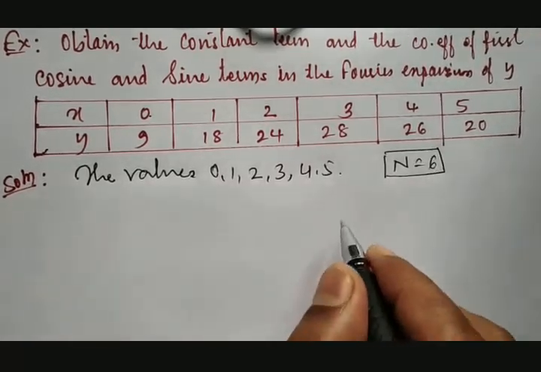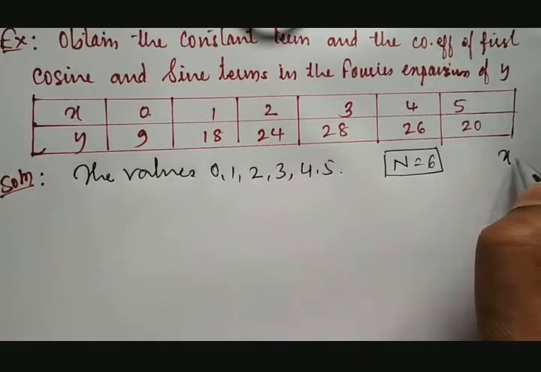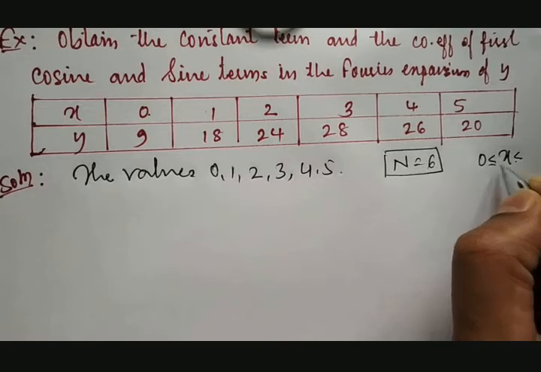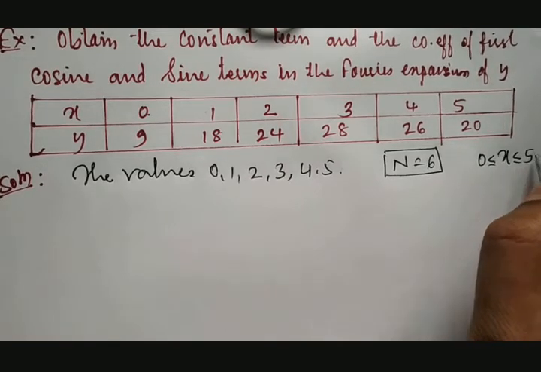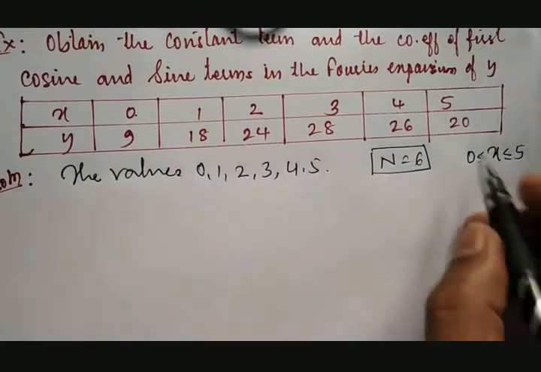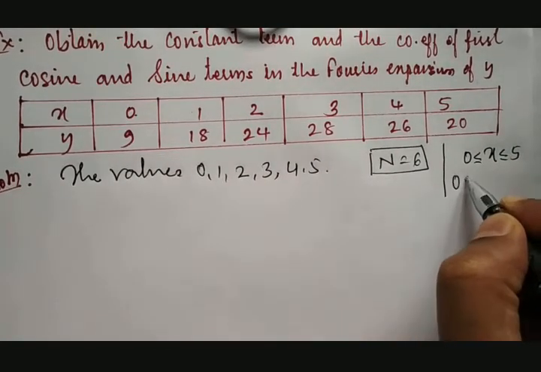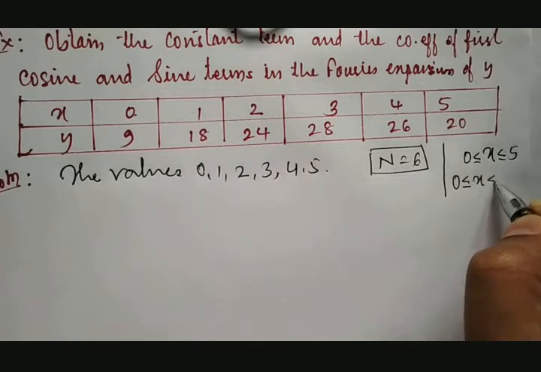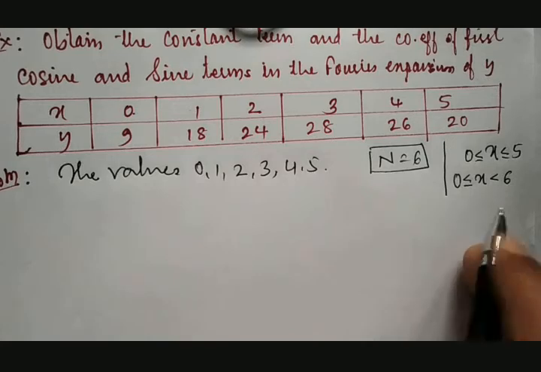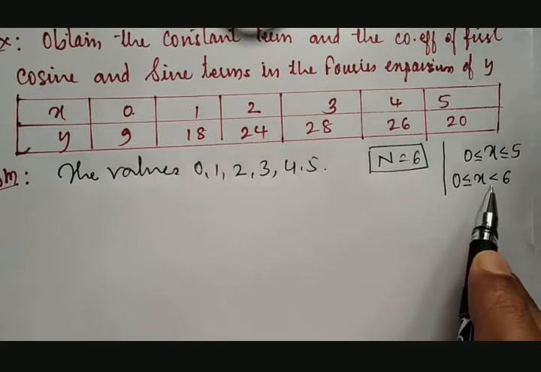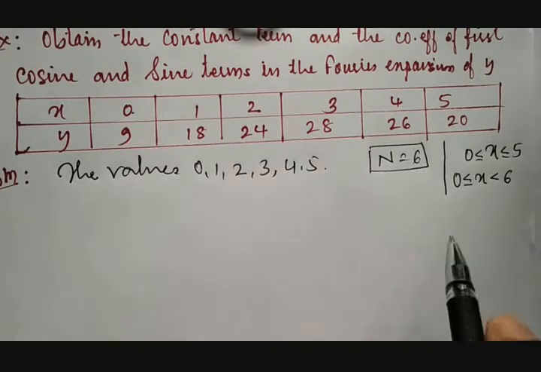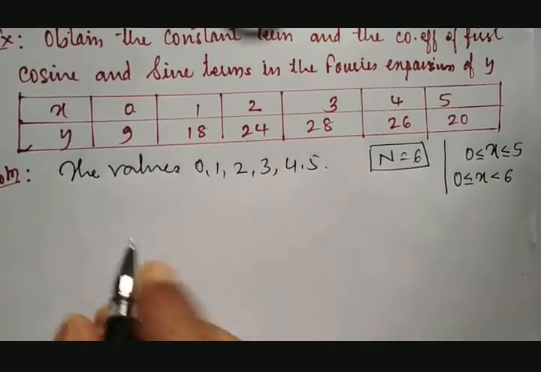Therefore, the interval is 0 less than or equal to x less than or equal to 5, no doubt. But we will consider this as 0 less than or equal to x less than 6, only for our comfort. It is true, since 5 is less than 6 only. So this is the thing.